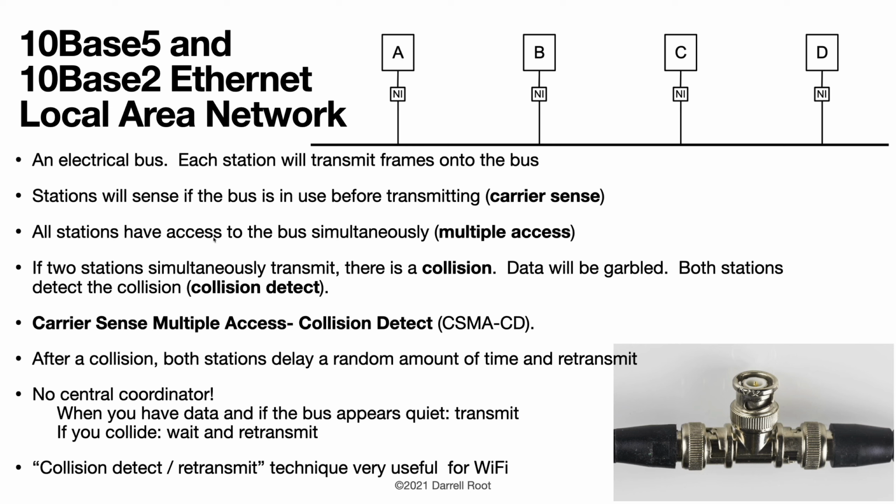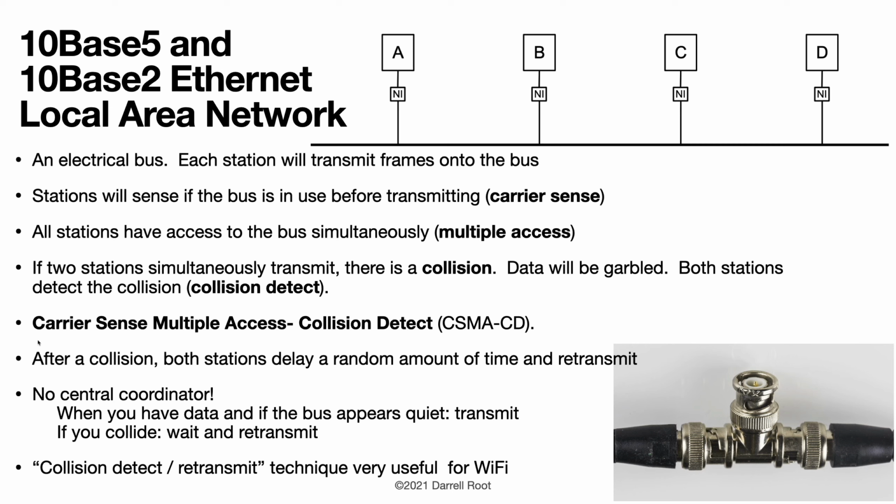All stations have access to the bus simultaneously. That's called multiple access. And it's still possible, even with carrier sense, that two stations may simultaneously transmit. If that happens, there's a collision. The data is garbled, but both stations are able to detect the collision. That's called collision detect. So as a result, we have a term: carrier sense multiple access collision detect, CSMA/CD.